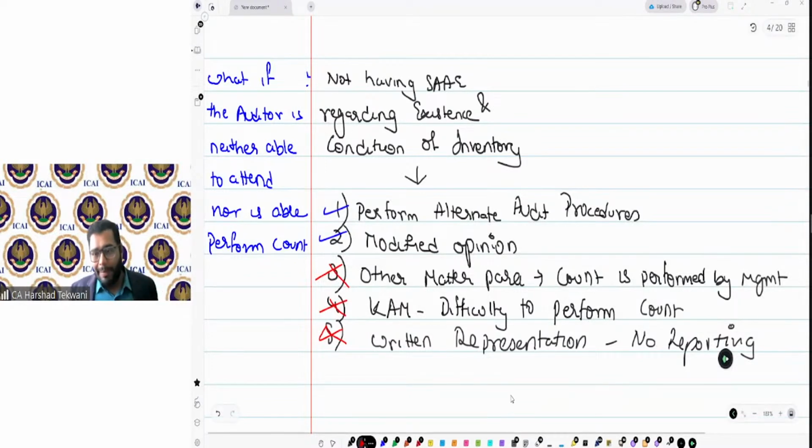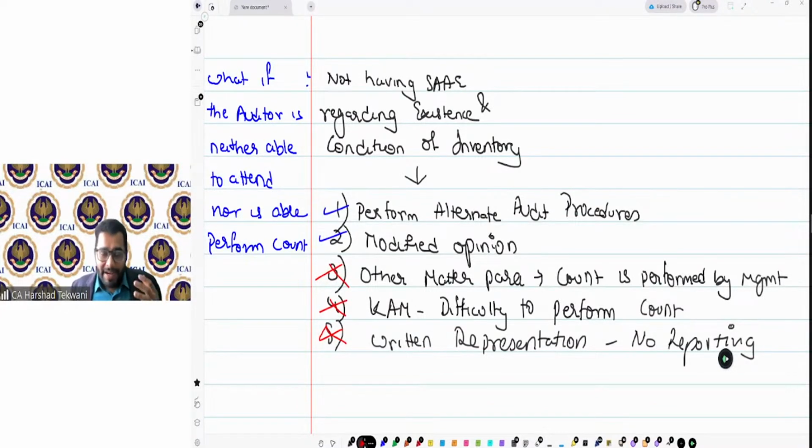Whenever I'm not able to get any audit evidence, I need to first perform alternate audit procedures to gather audit evidence. Even then, if I'm not able to get audit evidence, I need to modify my opinion considering the impact of not getting audit evidence. Why not an other matter paragraph? Because it's my responsibility to issue the opinion.